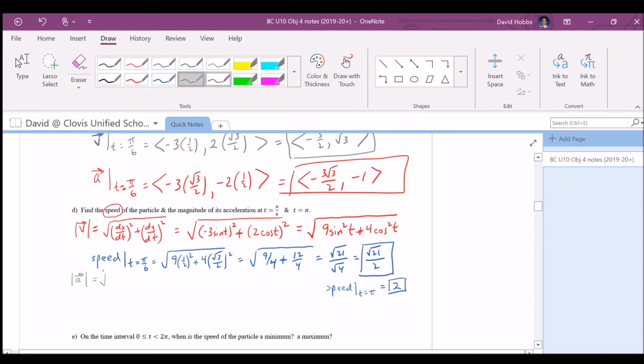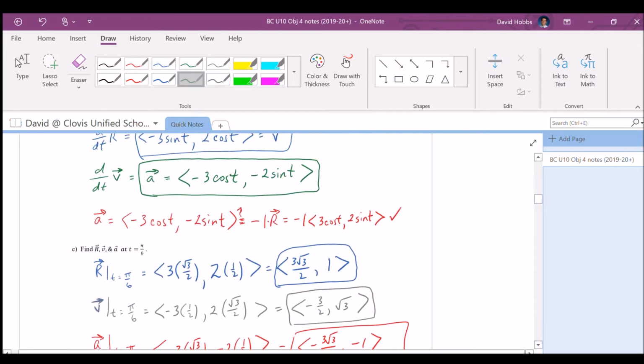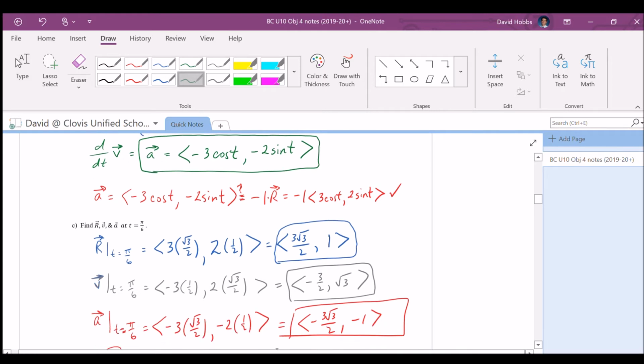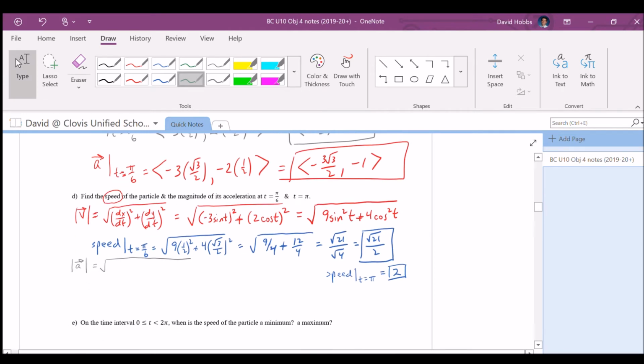Which we know is going to be the square root of negative 3 cosine t, squared, and negative 2 sine t, squared. So 9 cosine squared t plus 4 sine squared t.